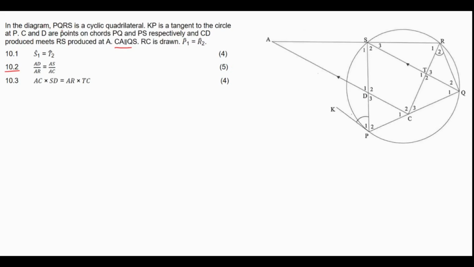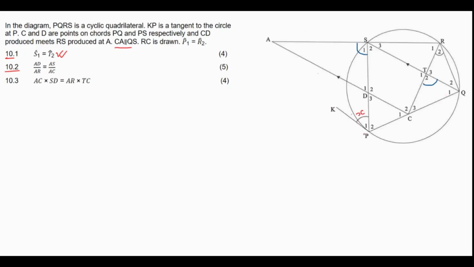We discussed the information and the diagram in the previous question when we were doing 10.1. Let's just remember what we got. We proved that angle S1 is equal to angle T2. We proved that this angle is equal to this angle. And then the other thing, we named our angle P1 X. So this one is X. And then Q1 is going to be X also because of the tan chord theorem.